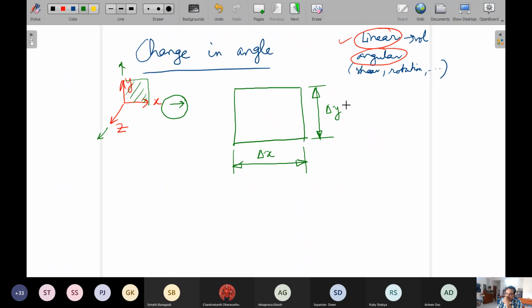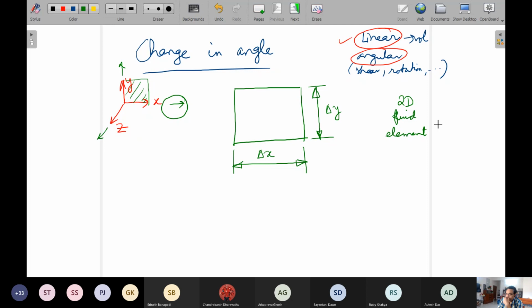So if we have a fluid element, this is now a two-dimensional fluid. Why a two-dimensional fluid element?